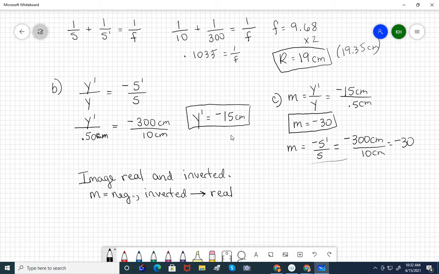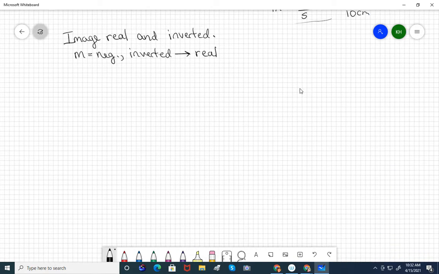What does that look like, just roughly? So you've got this mirror over here. You've got this axis. And your object is only 10 centimeters away.